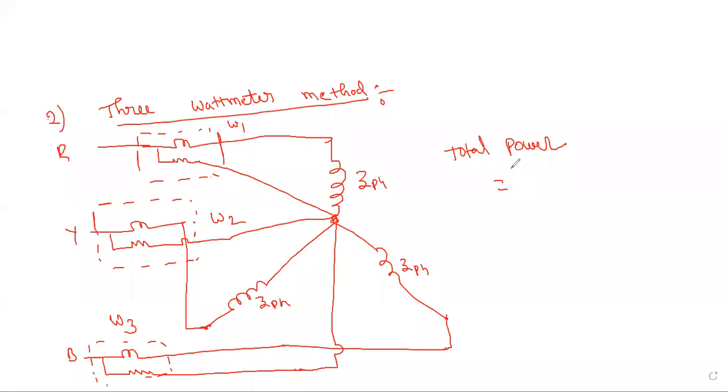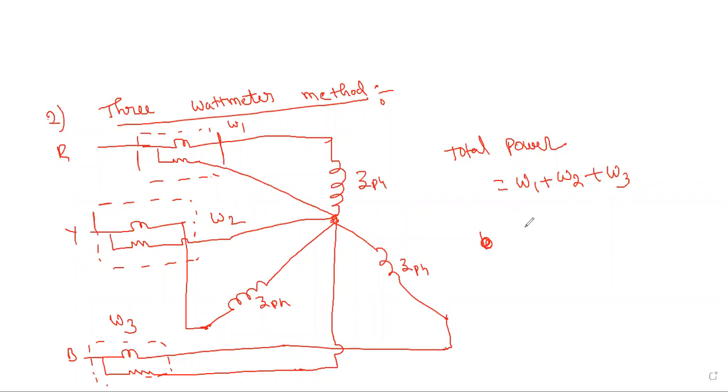The total power equals W1 plus W2 plus W3. So this three-wattmeter method is suitable for both balanced and unbalanced loads.